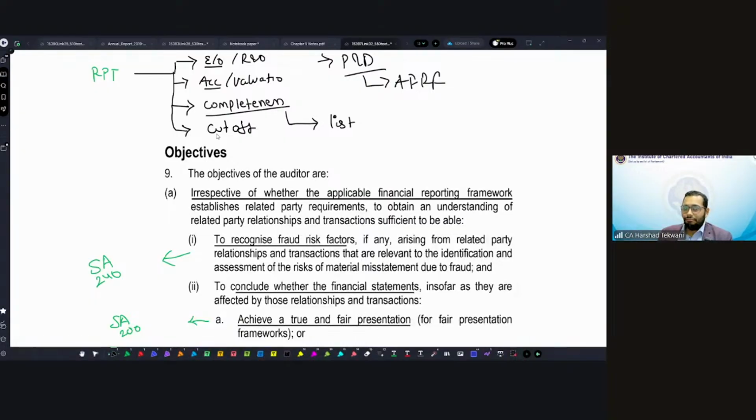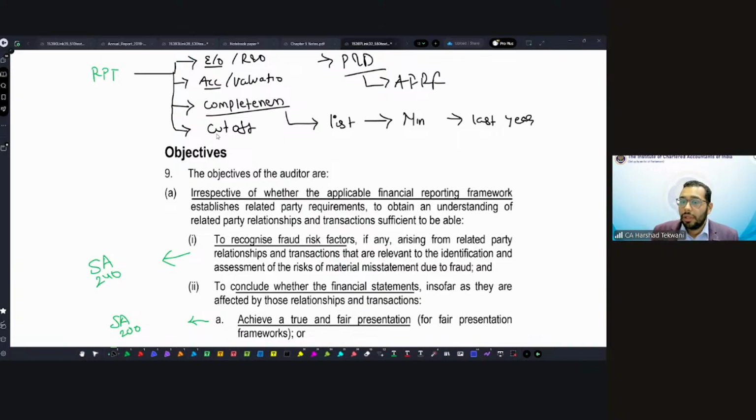As per the standards, we actually have other alternatives. We can always check loans given, joint ventures, associates, security investments, all these things cross verified. Correct. So to ensure completeness, once I get the list, I will compare the list with the last year comparison.